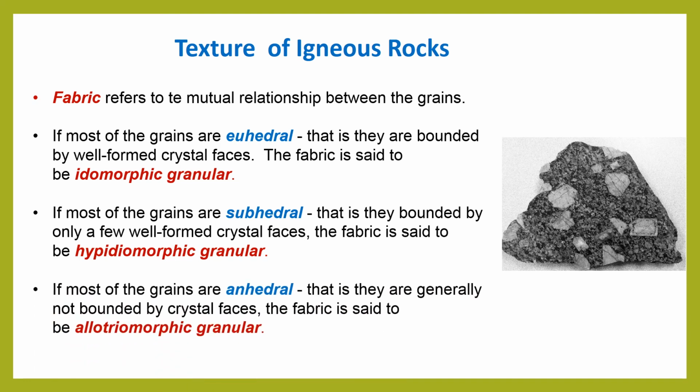If most of the grains are subhedral, meaning they don't have complete faces, then we have a fabric called hypidiomorphic granular. And the last one: if we don't have really good crystal shapes and the grains are anhedral, then the fabric here is allotriomorphic granular.